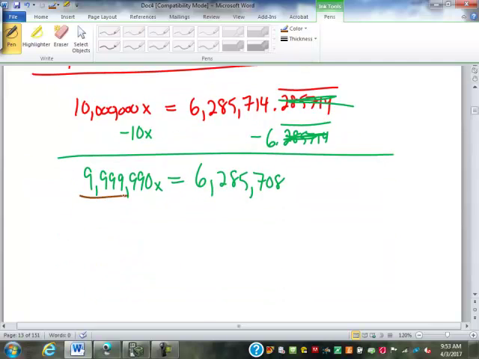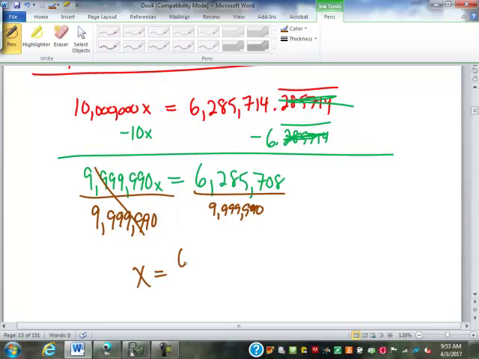So we're going to divide by 9,999,990 to get x equals 6,285,708 over 9,999,990.